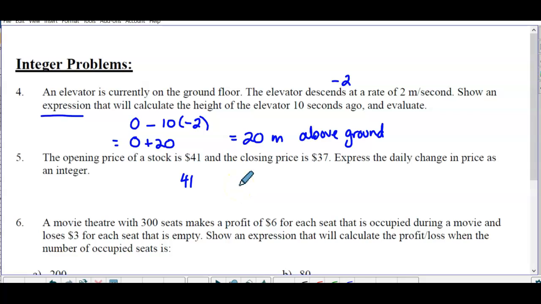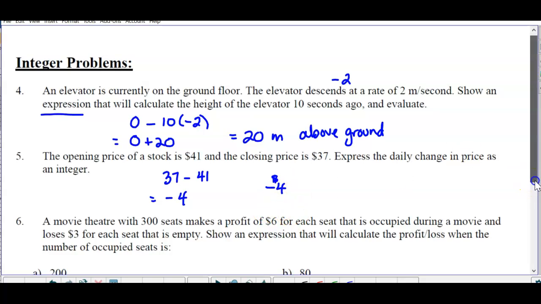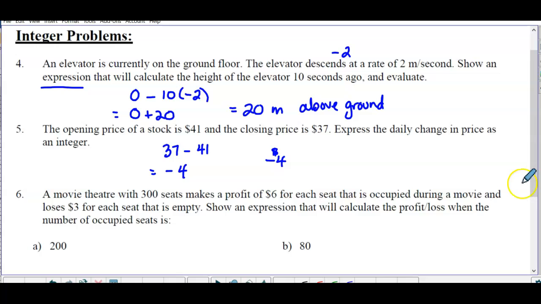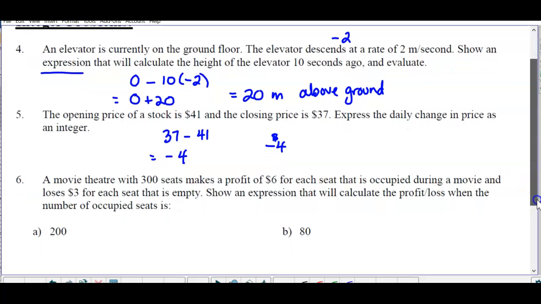Express the daily change in price as an integer. So really, when we do this, we really want to start with the closing price and subtract the opening price to get the change. So 37 minus 41 is negative 4. So the daily change in price is negative $4. They show it as a negative if you look this up on the internet or in the newspaper.